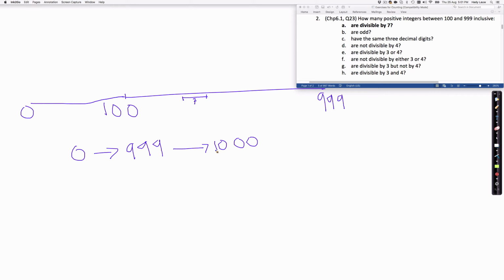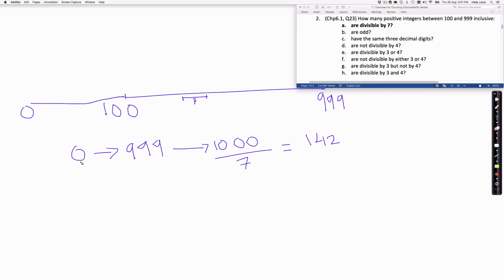Within these 1000 numbers, how many of them are divisible by 7? We just look at how many intervals of 7 we can have. If we evaluate this, it's going to be 142. In terms of integers, there is going to be some remainder, which we don't need.